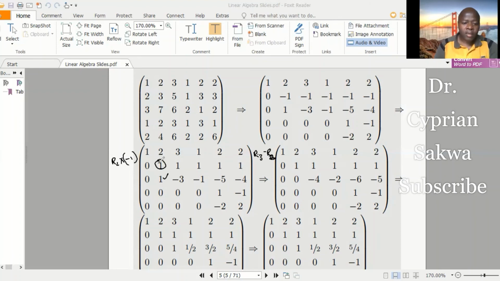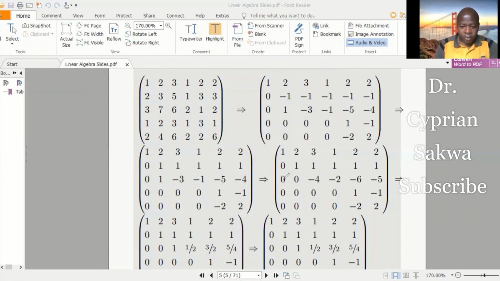So 1 minus 1 gives me 0. -3 minus 1 gives me -4. -1 minus 1 gives me -2. And -5 minus 1 gives me -6. -4 minus 1 gives me -5. So I'm done with that row.